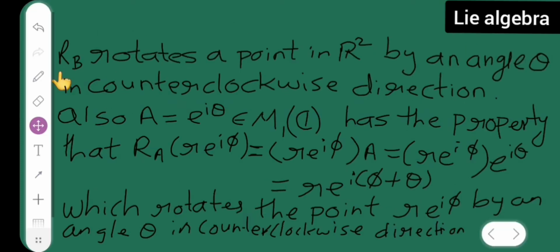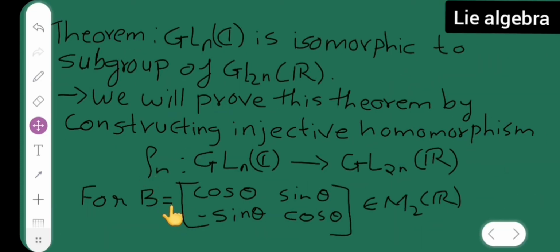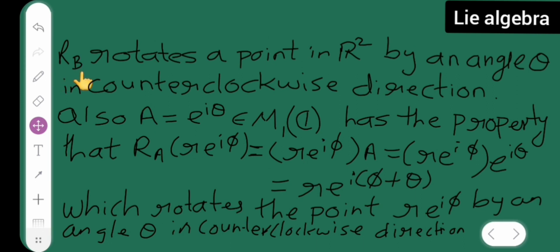So here I have taken B equal to cos theta minus sin theta cos theta, belonging to M2 of R. This B we are writing as R_B. R_B rotates a point in R2 by an angle theta in counterclockwise direction.